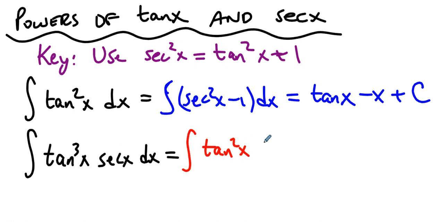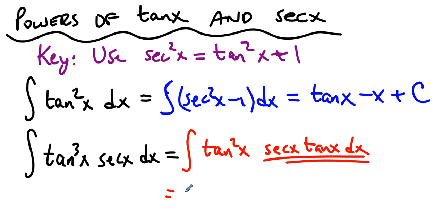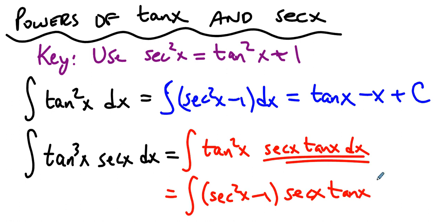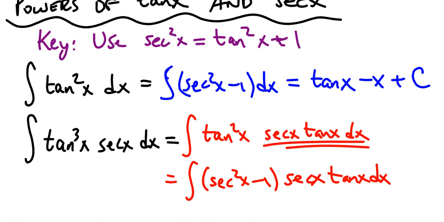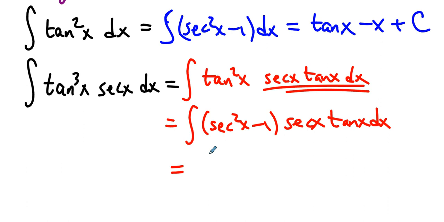So maybe that's du. Well, that's only du if secant x is u. And secant x is u if I can make this look like a secant x, and I can. And if that's the case, this is the integral of u squared minus 1 du.